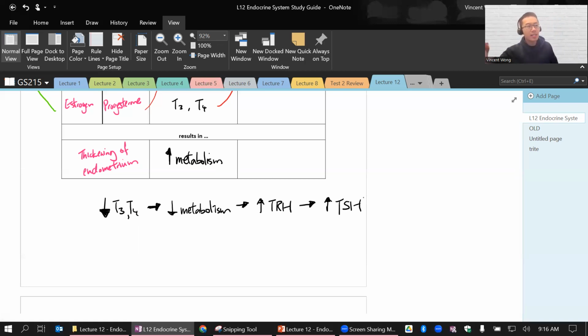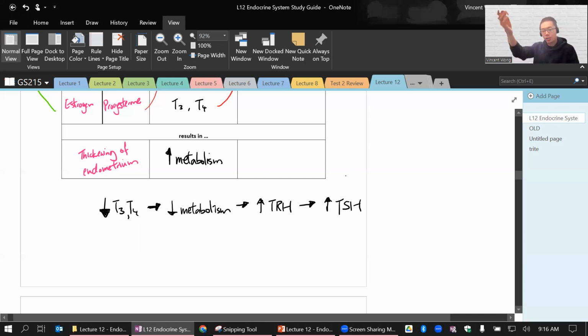What happens after you have TSH? Well, TSH is going to go affect your thyroid gland, right? And tell the thyroid gland to make more T3 and T4.